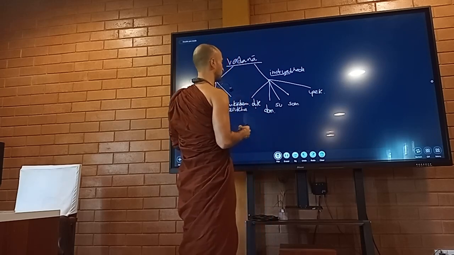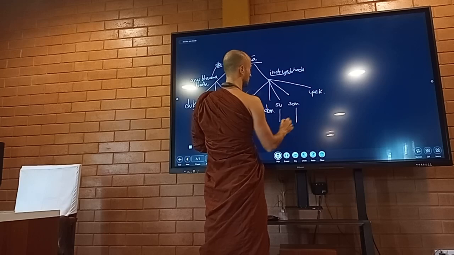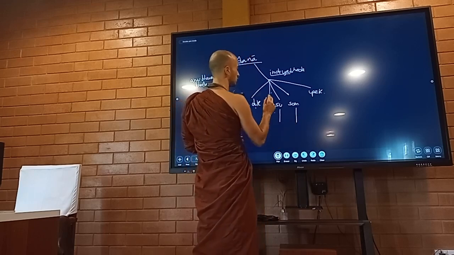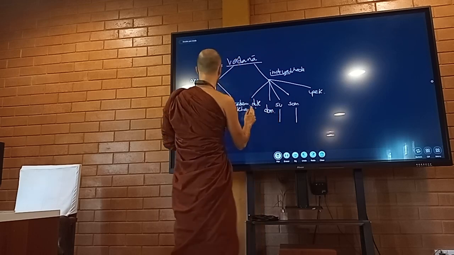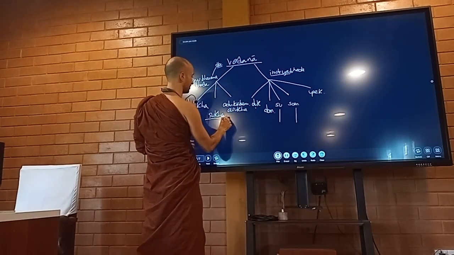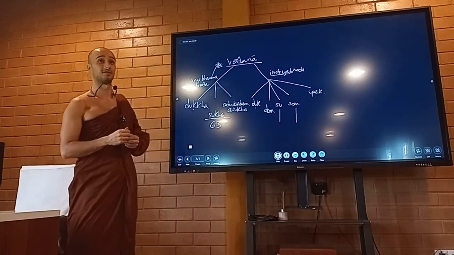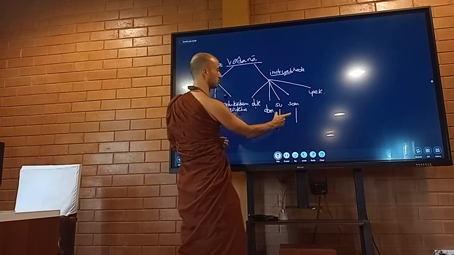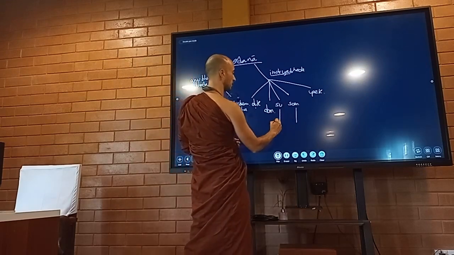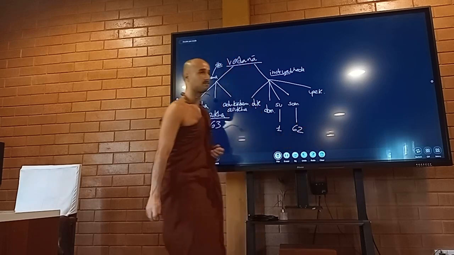Now, Sukha and Somanasa. Remember how many chittas these appear in? If you take Sukha over here, then it's 63, remember? If you divide into Sukha and Somanasa, Sukha is only the Kaya Vijnana, and then 62 Somanasa.